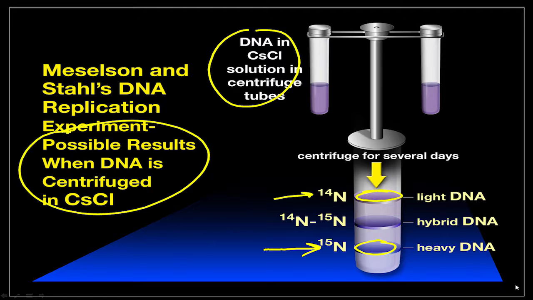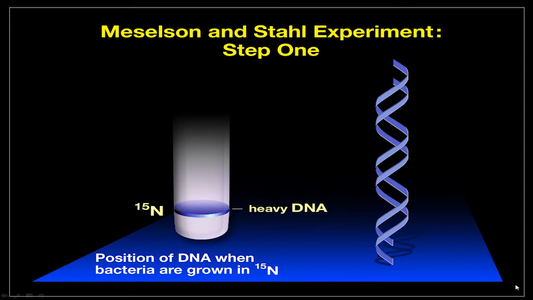So clearly you could separate them, right? And if you had a hybrid between 14N and 15N, that would end up somewhere in the middle. So with this known, they could then isolate DNA from their different bacterial generations, see where it ends up, and see what conclusions could be drawn. So let's check that out.